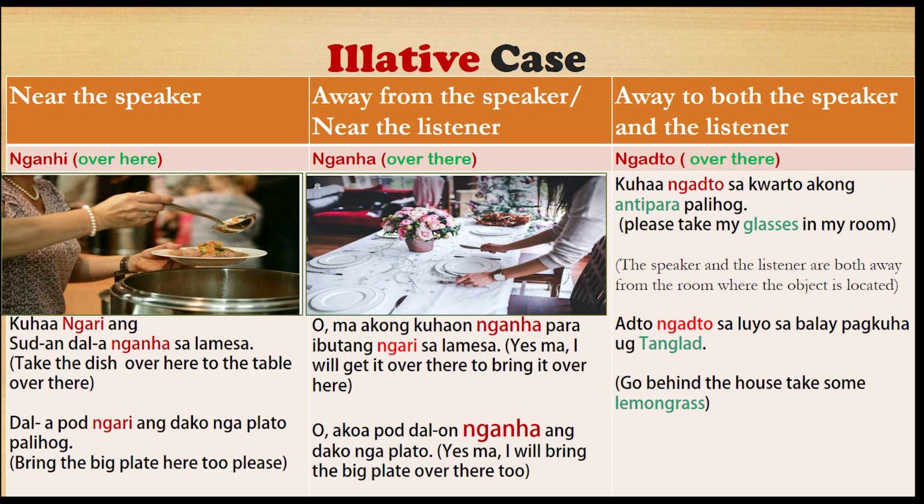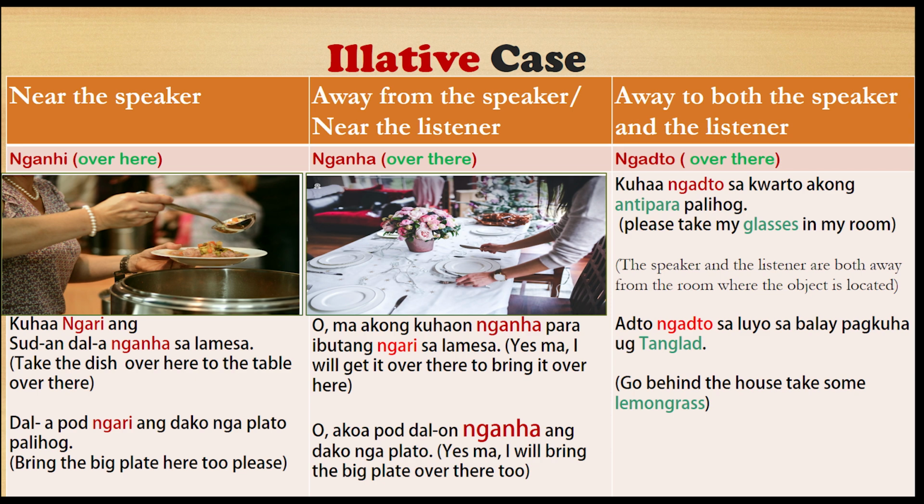Okay, so I just do it like this for you to be able to figure it out, or to see it in your mind. How does it work? So nganha, over there. So she answered, "O ma, akong kuhaon nganha para ibutang ngari." So basically the opposite.